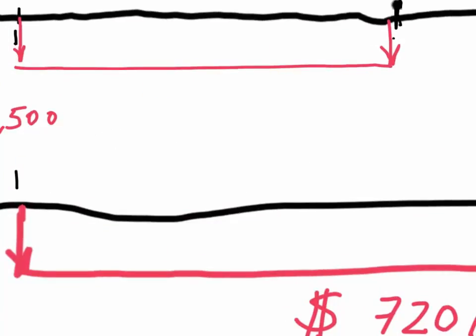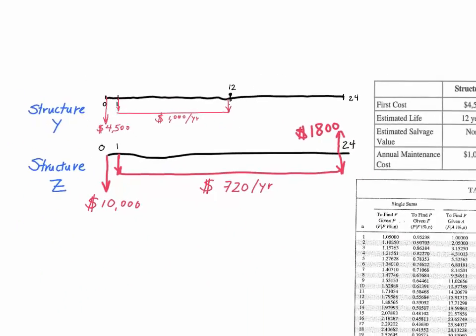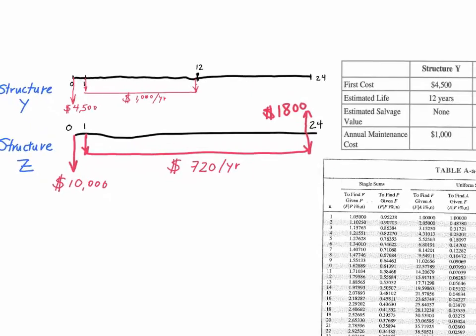1,000 per year. So that's the cash flow for Y. Cash flow for Z now spans 24 years, starting from the end of the first year all the way to 24.